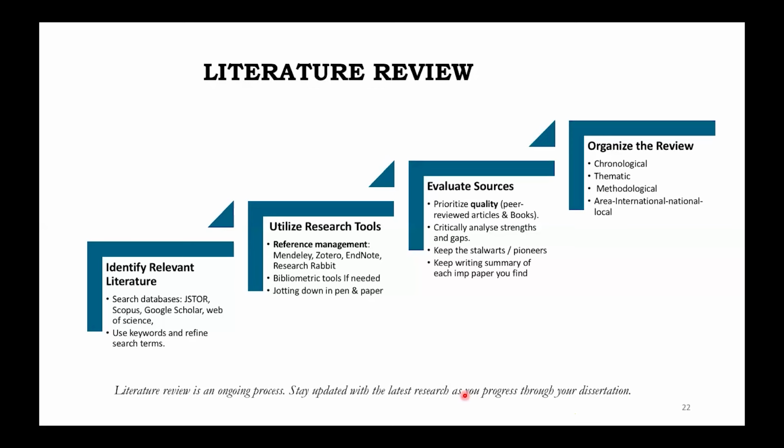For the literature review, obviously people who are just joining a PhD, you all know there are different searching databases: JSTOR, Scopus, Web of Science, Google Scholar. I think I have used Google Scholar a lot. And there is also something known as Research Rabbit. You can also use that. At the beginning, you don't know what your particular research topic is.